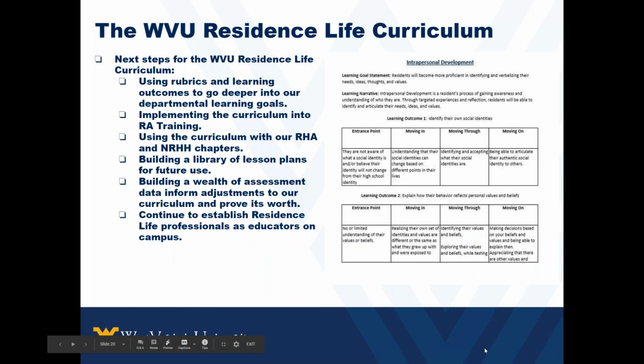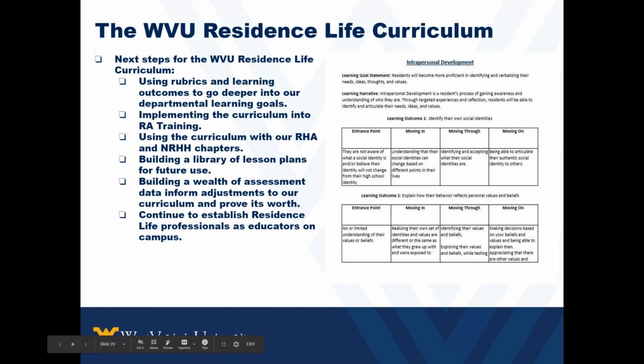Moving ahead, as we wrap up our time together, our goals moving forward: we've developed some rubrics in which we want to sequence the learning that's occurred. When I say intrapersonal development, not everyone comes to college at the same place in their lives, in the same place of their development.